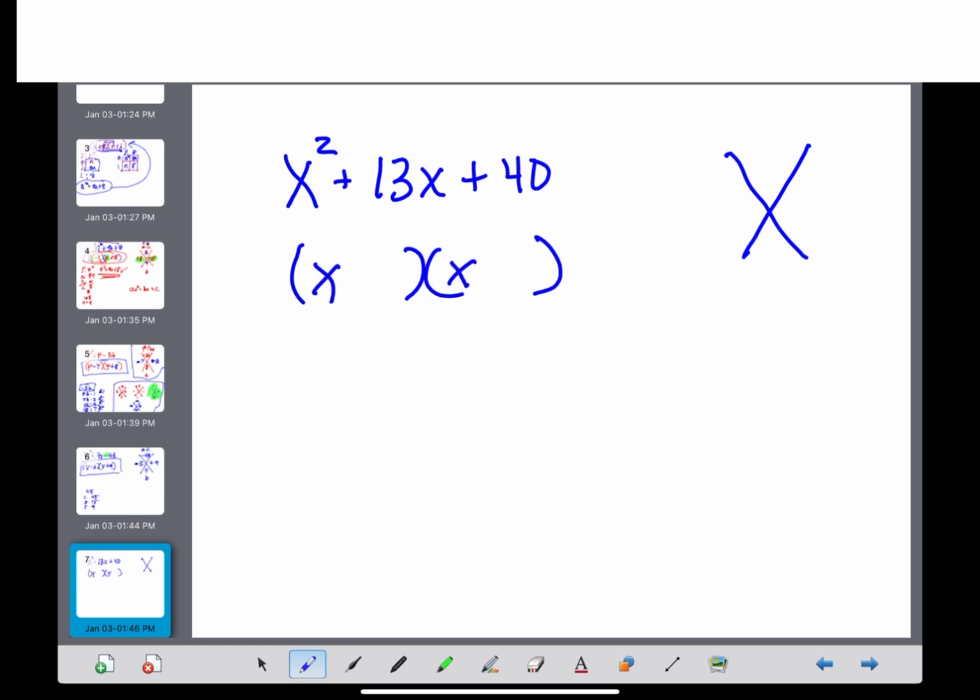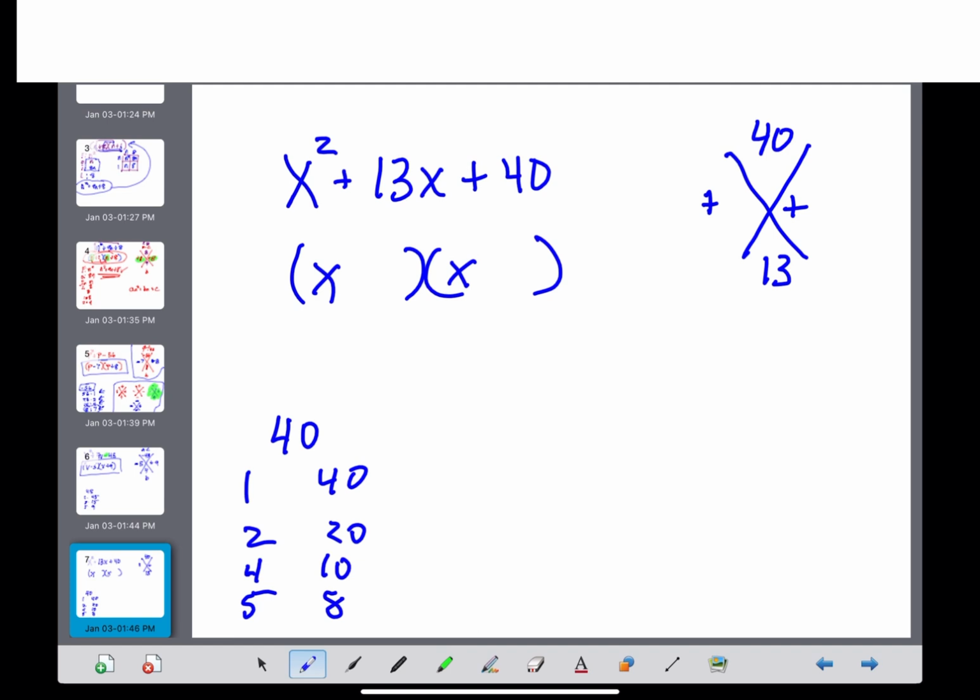You've got the x and x part down all right, right? What number goes on top? 40. And what goes on the bottom? 13. So we've got a positive and a positive, so they're both going to be positives. Does everybody understand what I'm saying when I do that? Okay. So we look at our factors of 40. So 1 and 40, 2 and 20, 4 and 10, 5 and 8.